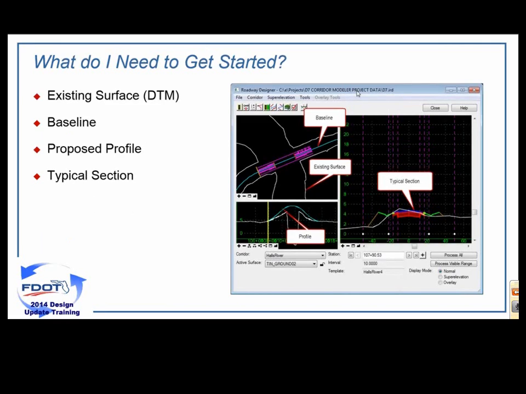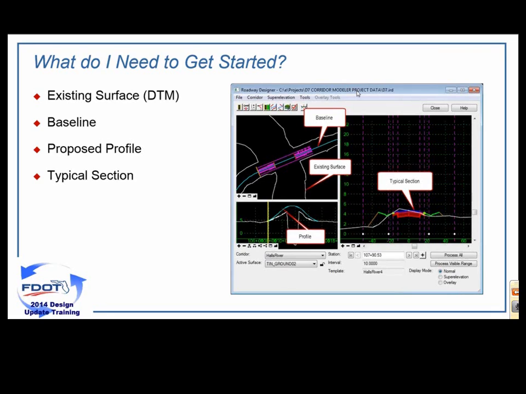So what do you need to get started in 3D modeling? You're going to need an existing surface, a baseline, a proposed profile, and a typical section. Basically, when you plug this into Roadway Designer or whatever, the baseline and proposed profile are going to define the horizontal and vertical.